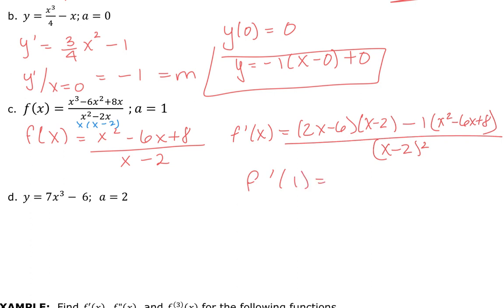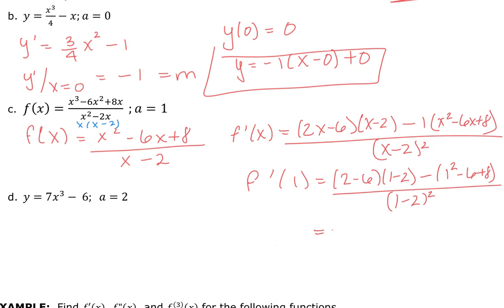of this derivative, I'm going to have 2 minus 6 multiplied by 1 minus 2, minus 1 squared minus 6 plus 8. And then the denominator, I'm going to have 1 minus 2, the quantity squared.